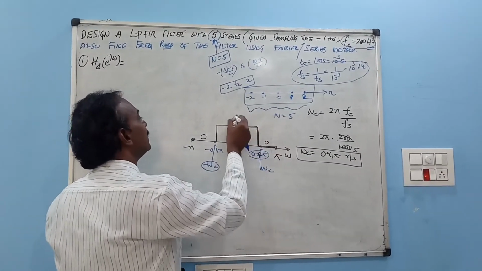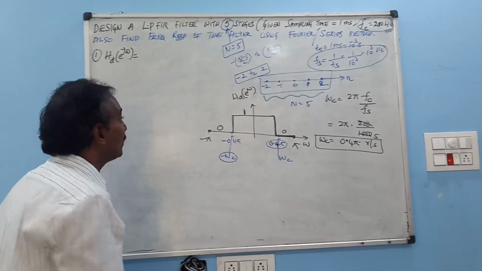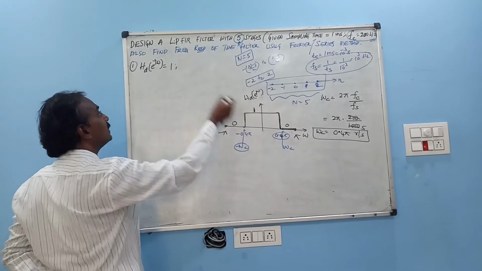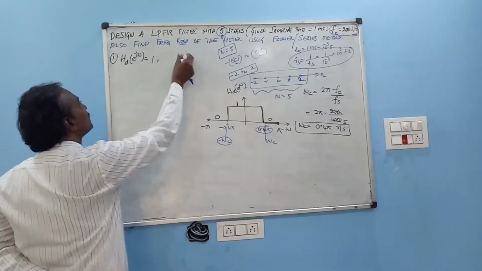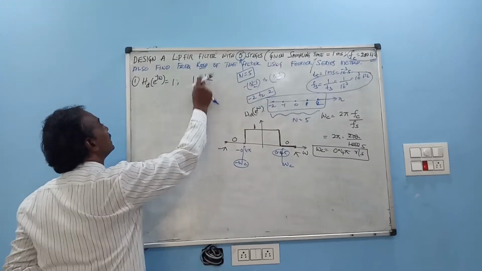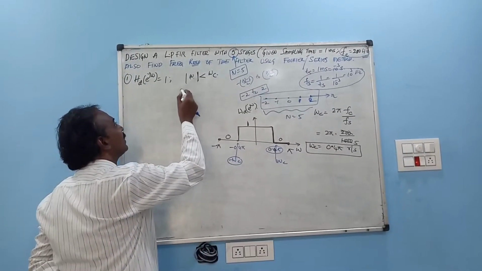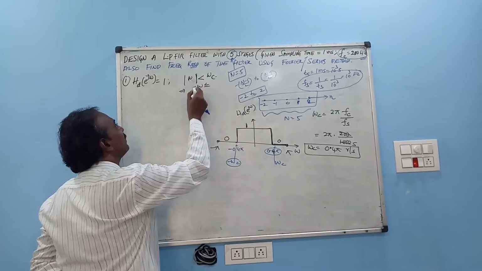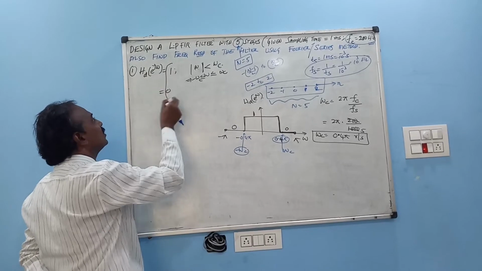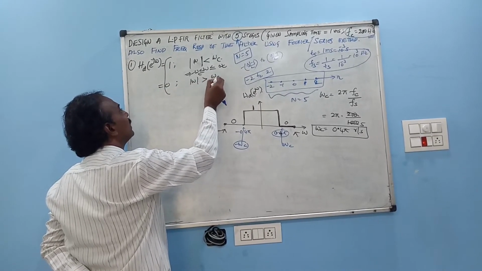So now this is the desired transfer function, e power j omega. How can I write these values? HD of e power j omega is 1 in the limits, modulus of omega less than omega c, which implies omega is lying between minus omega c and plus omega c, and it is 0 for modulus of omega greater than omega c.